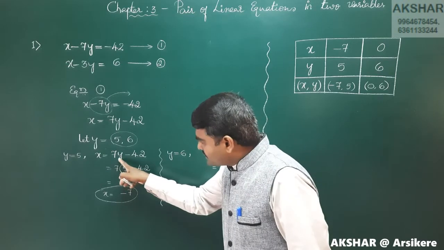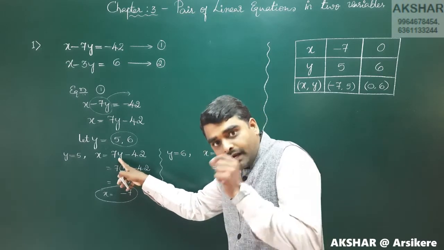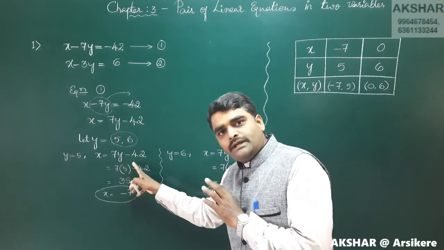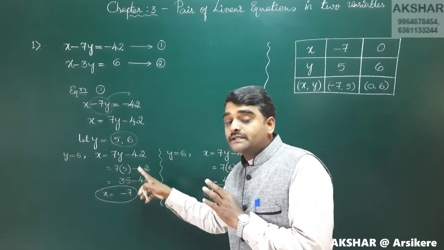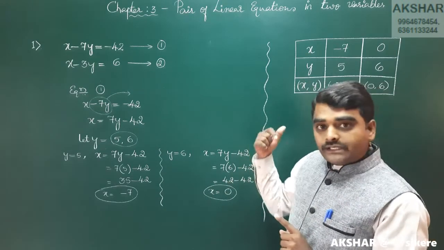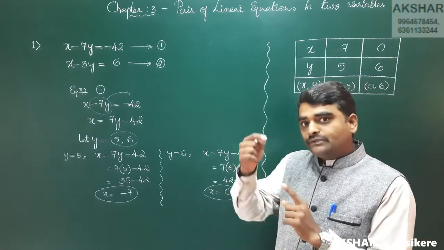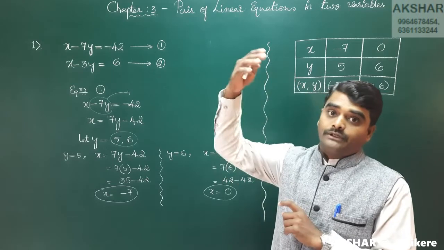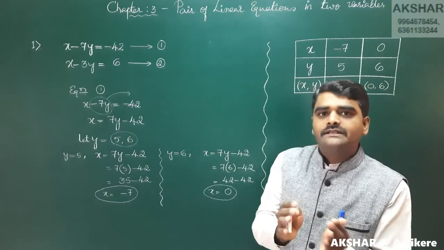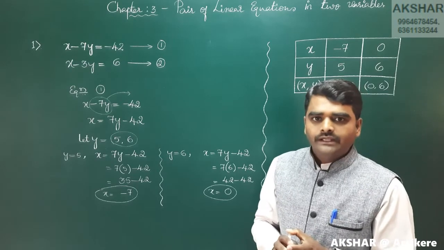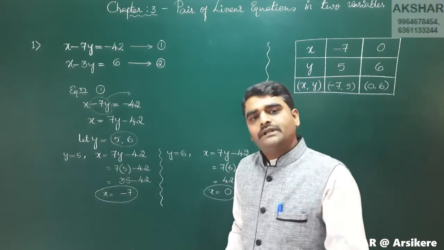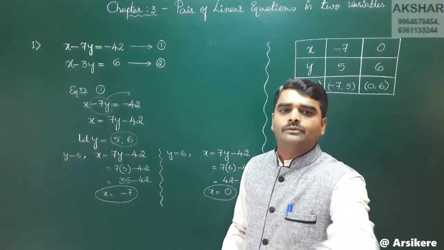If I assume 0 in the place of y, 7 zeros are 0, 0 minus 42 becomes minus 42 only. In the graph sheet, there will be no values like 42, 52, 100. We have to condense those values. That's why I assumed 5 and 6. If you assume 0, definitely you will get the same answer, no problem.